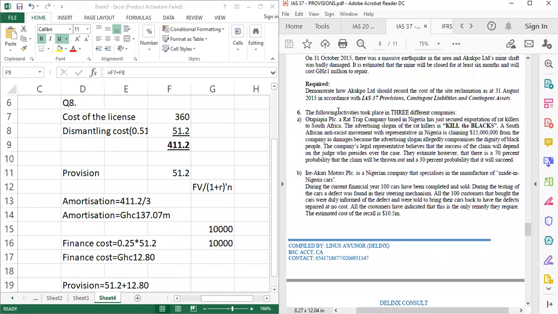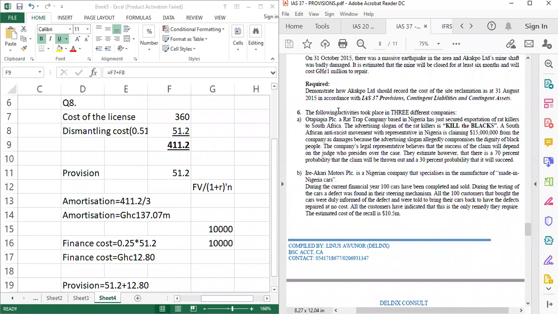A South Africa anti-racism movement with representative in Nigeria is claiming 15 million from the company as damages because the advertising slogan allegedly compromises the dignity of Black people. The company's legal representative believe that the success of their claim will depend on the judge who presides over the case. They estimate, however, that there is 70% probability that the claim will be thrown out and a 30% probability that it will succeed.